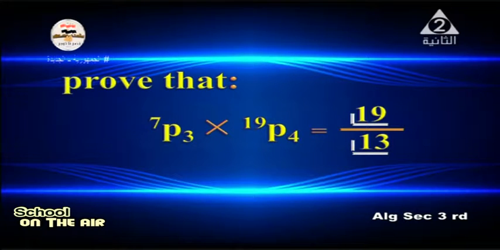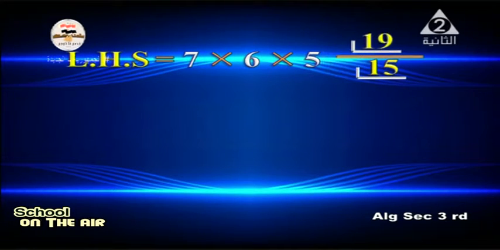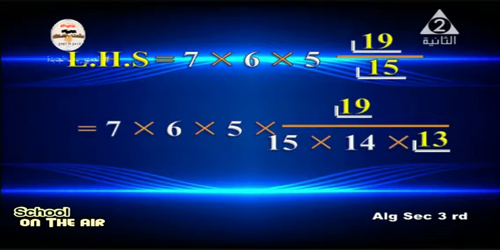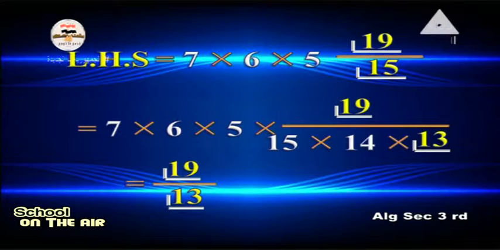And we use simplify. The left-hand side is 7 times 6 times 5 times factorial 19 over factorial 15. Factorial 15 equals what? 15 times 14 times factorial 13. Therefore, we simplify up and down. 7 times 6 times 5 equals 15 times 14. Then the left-hand side equals factorial 19 over factorial 13.